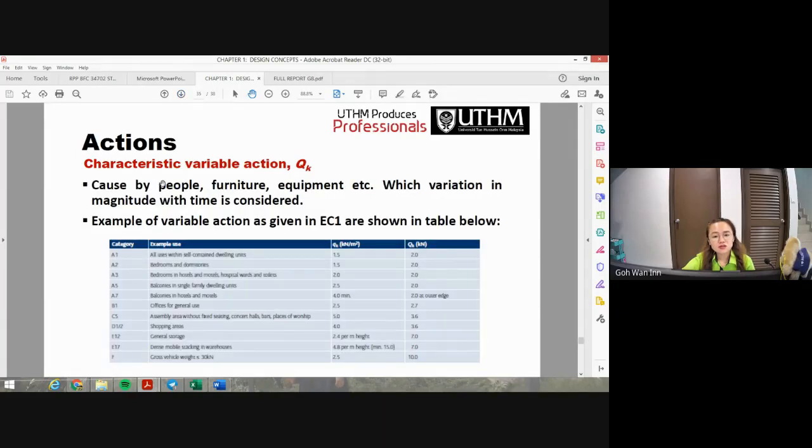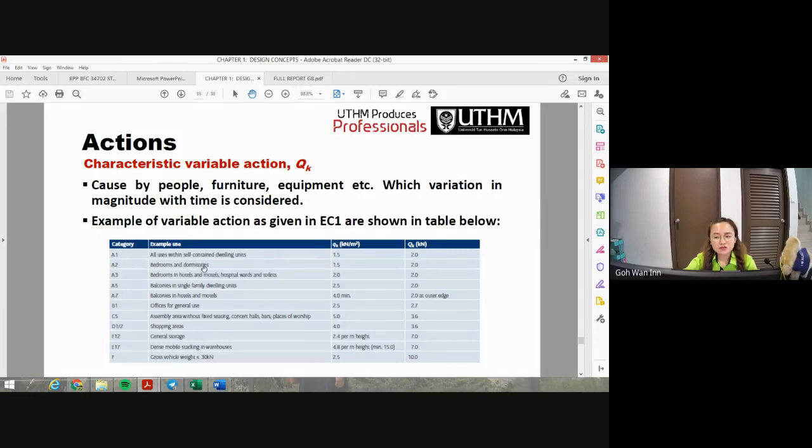Qk is caused by people, the variable action, which is the live load: furniture and equipment, whose variation in magnitude with time is considered. Examples of variable actions given in Eurocode 1 are as shown. You can see that A1 is for domestic and residential areas.